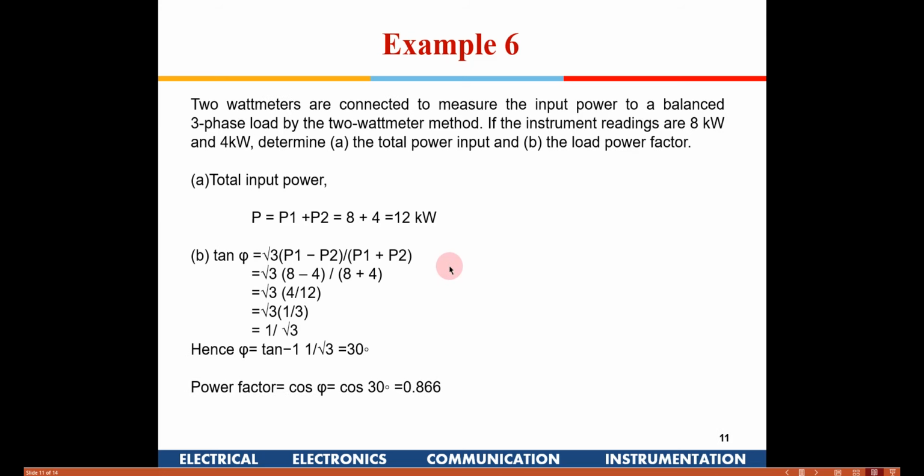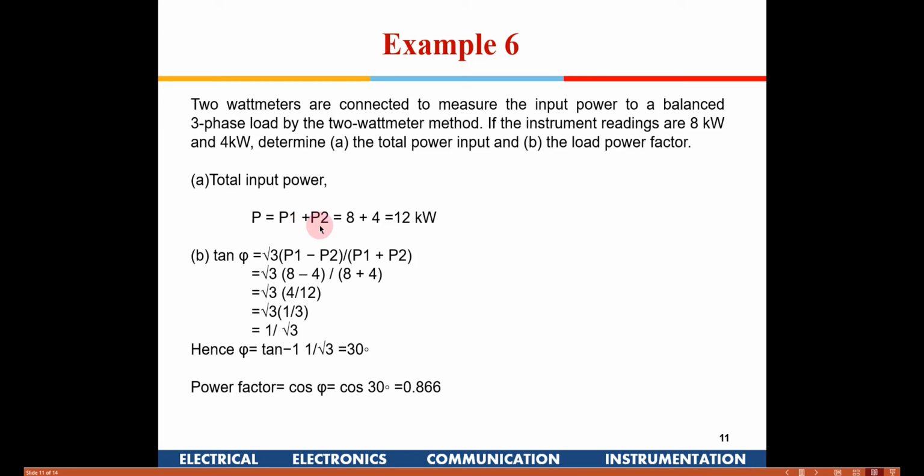There is one more problem, on wattmeters. Two wattmeters are connected to measure the input power to a balanced 3-phase load by the 2 wattmeter method. If the instrument readings are 8 kilowatt and 4 kilowatt, determine the total power and the load power factor. These are the 2 formulas which we derived in the class.